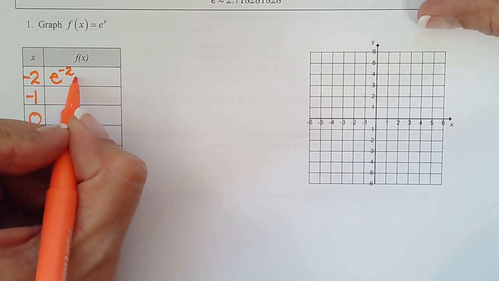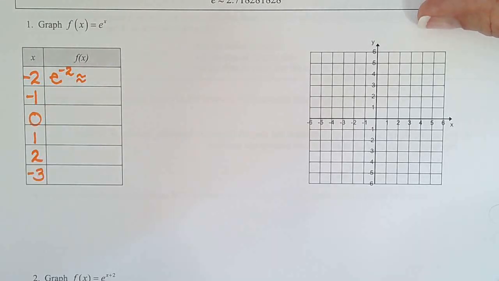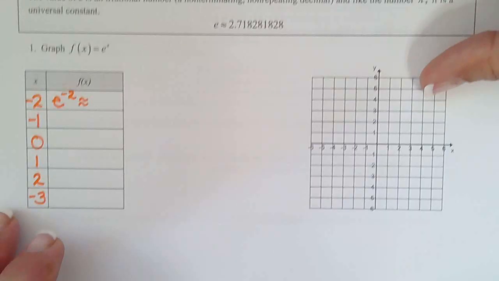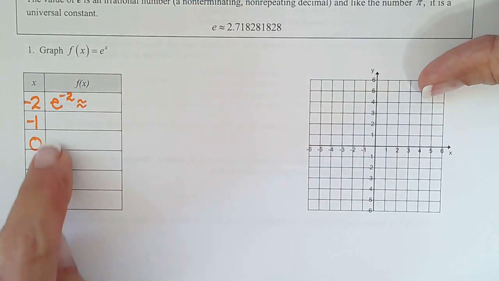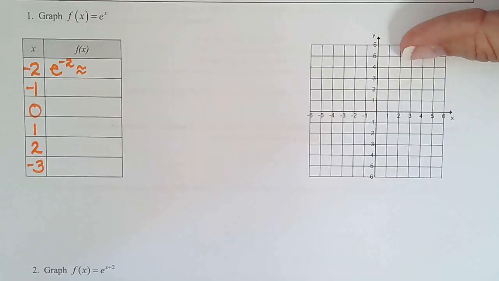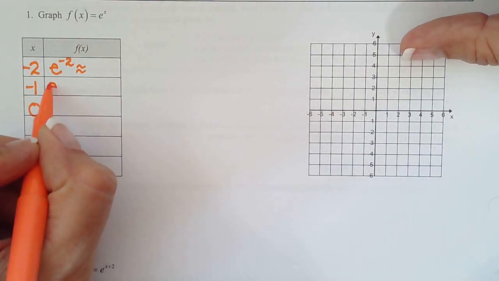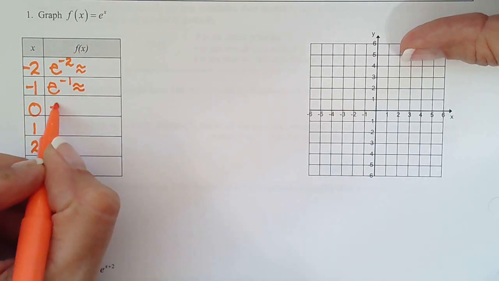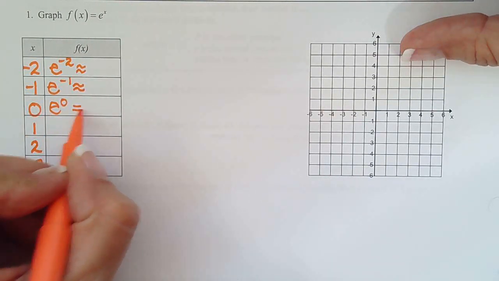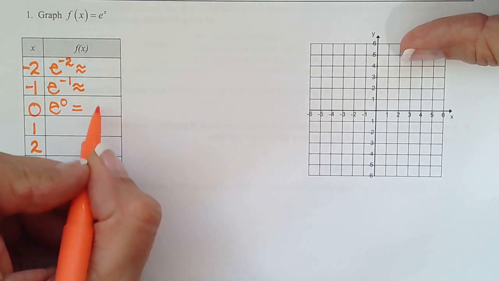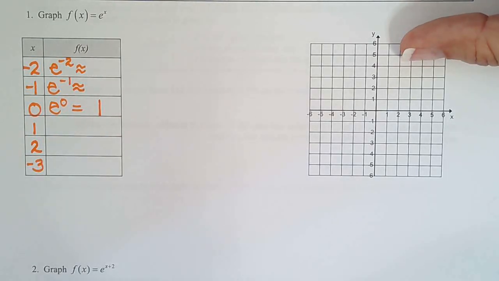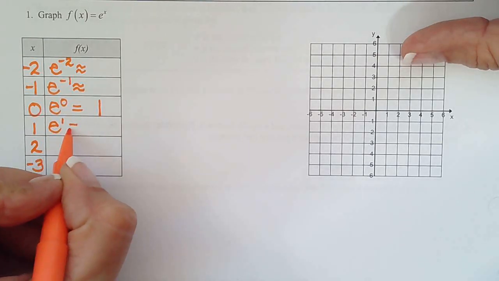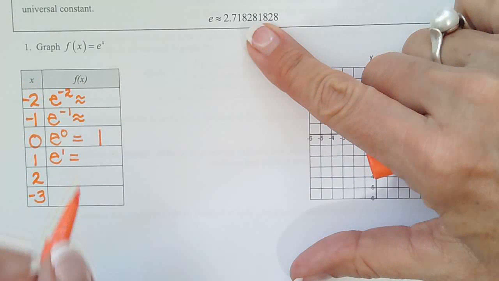And let's put squigglies, because we know we're going to have to round it off, because if e goes on forever, then e to the -2 is going to go on forever too. Then this one's going to be e to the -1. We'll do the approximate symbols. E to the 0th. What's anything to the 0th power? 1. So that one we don't even need a calculator. E to the first. We don't need a calculator for that either, because isn't that right here?